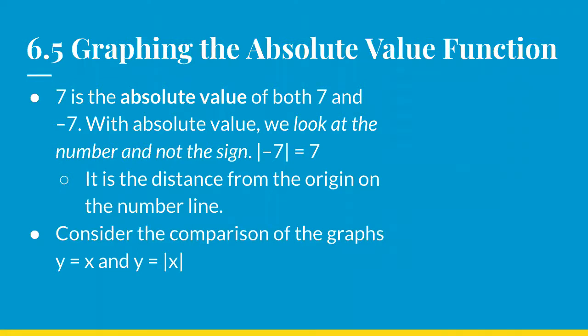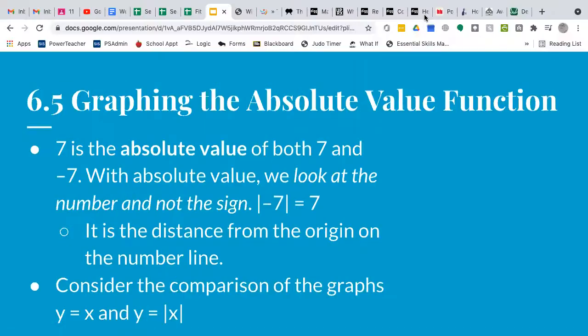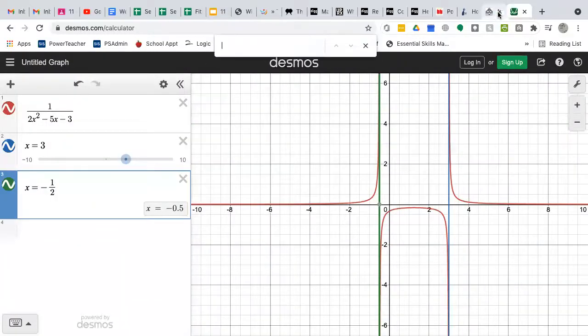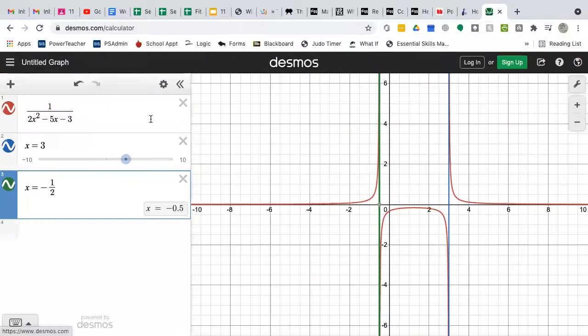Is anybody still writing? We're good? All right, so what's not loading here? Oh, it's not showing at all. What a pain. All right, Desmos. It's your turn. Let me first close this tab. I don't want it there.